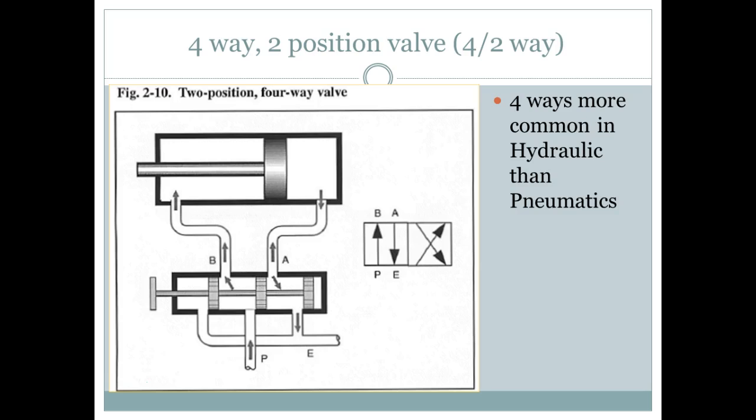What we can do with two exhaust ports is throttle them differently. We could deliberately cause the cylinder to retract slower than it extends, or to extend faster than it retracts. That's one big advantage of having two exhaust ports, and that's where we would have a 5-port valve.